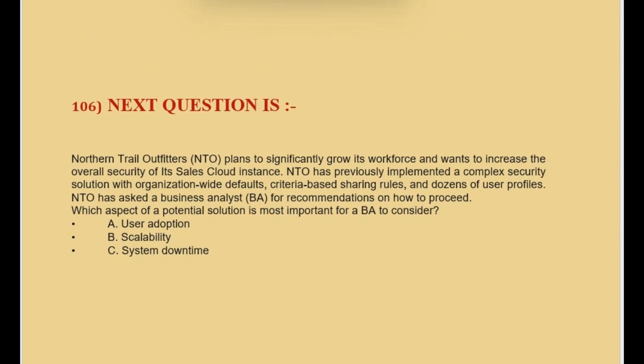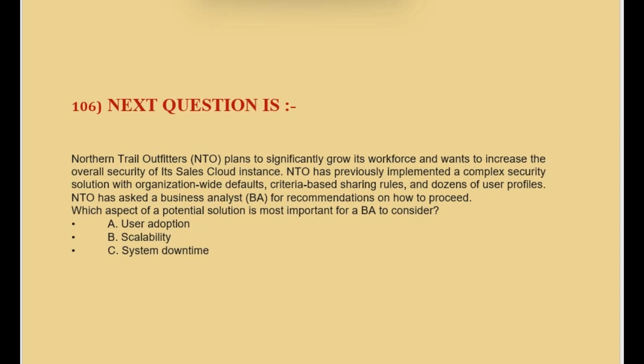Question is Northern Trial Outfitters (NTO) plans to significantly grow its workforce and wants to increase the overall security of its Sales Cloud instance. NTO has previously implemented a complex security solution with organization-wide defaults, criteria-based sharing rules, and dozens of user profiles.